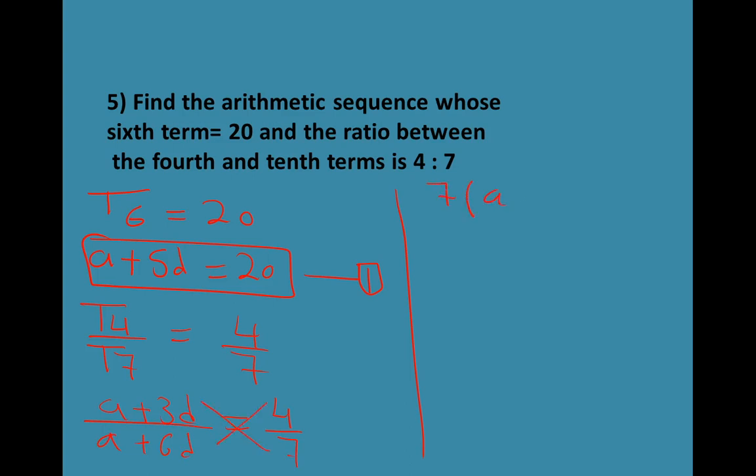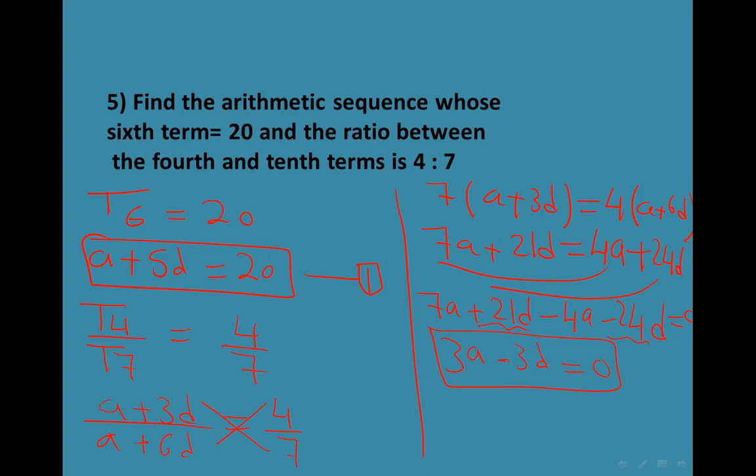Then 7 multiplied by (A plus 3D) equals 4 multiplied by (A plus 6D), then 7A plus 21D equals 4A plus 24D. Then 7A plus 21D minus 4A minus 24D equals 0. This is the second equation.